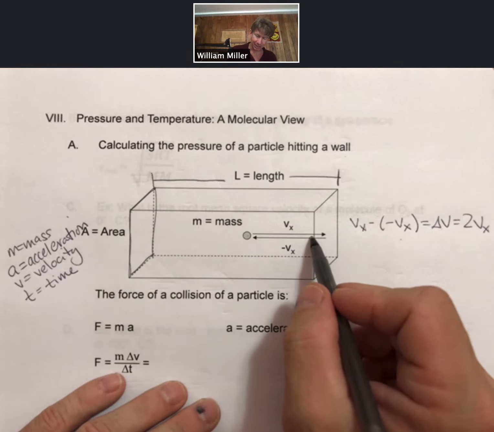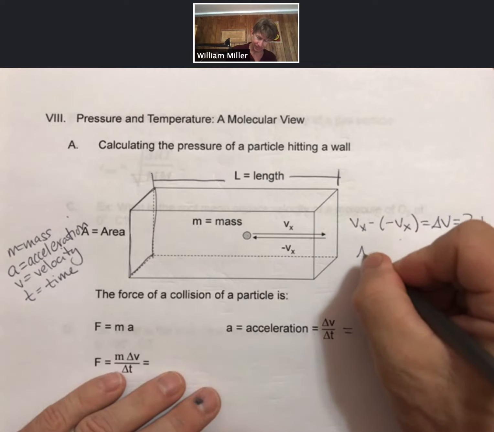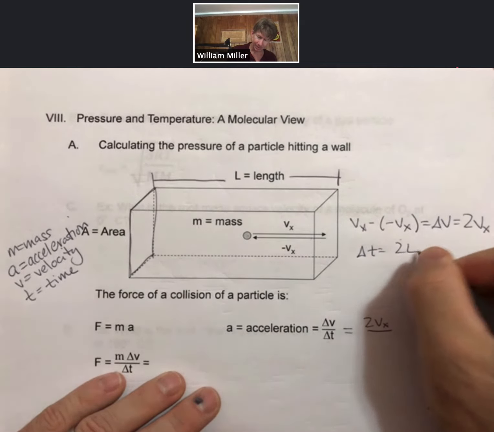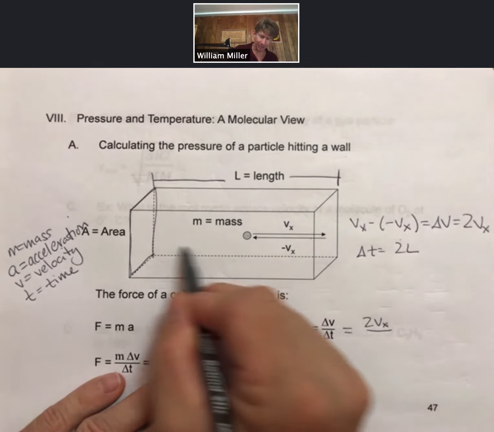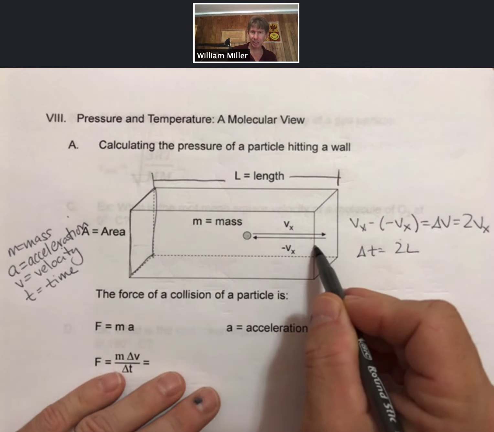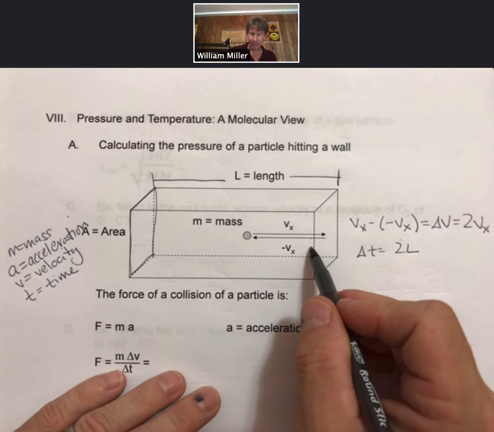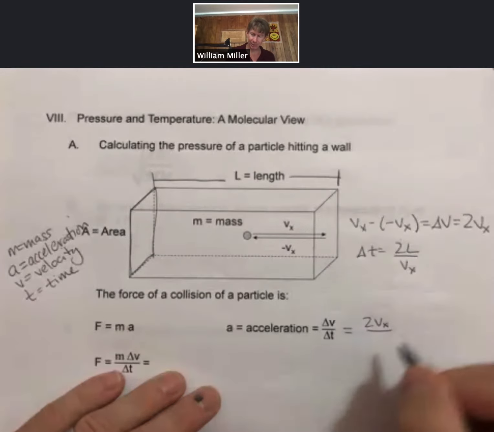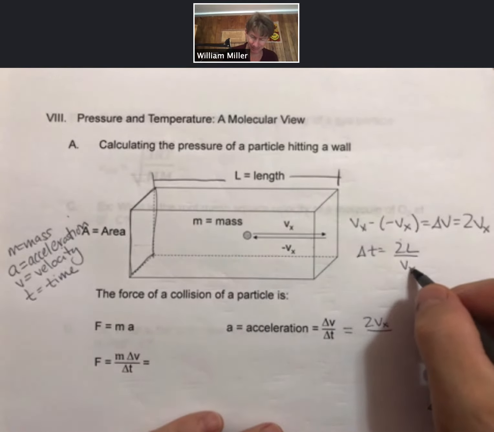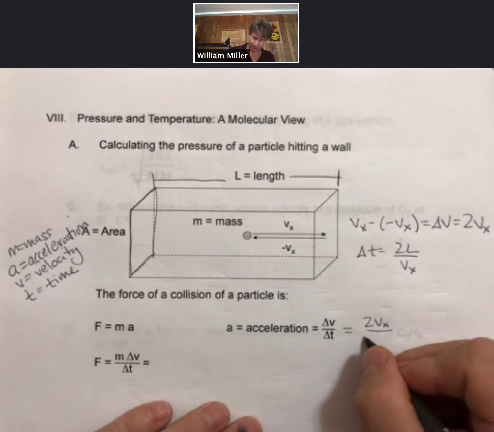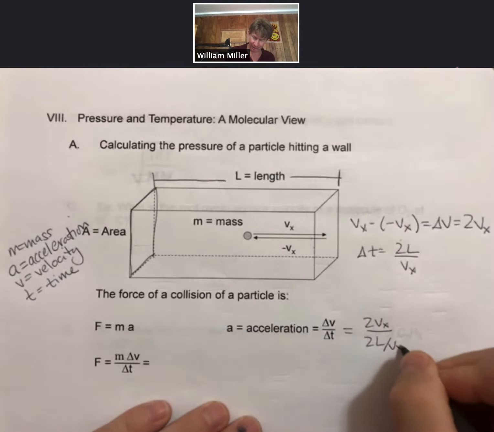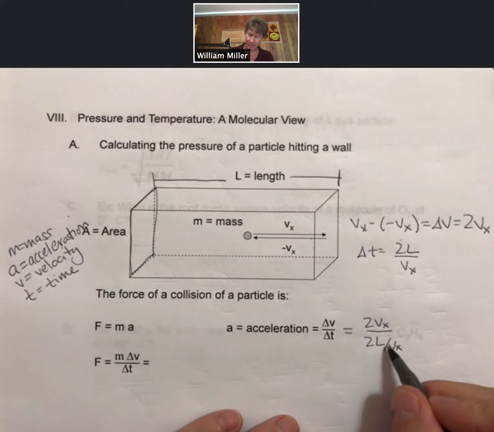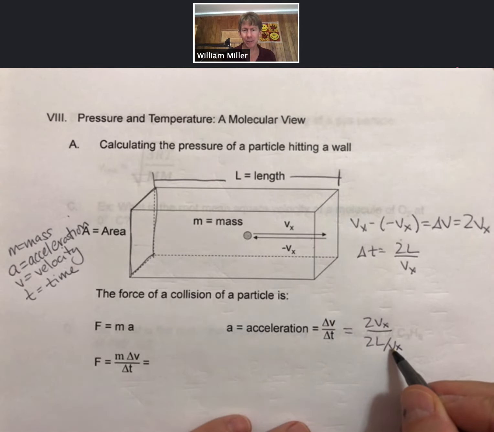And since the length between collisions is going to be L and then another L, so that's 2L, and it's going to take an amount of time to get back divided by the velocity. So 2L over Vx, where Vx is in the denominator of the denominator.